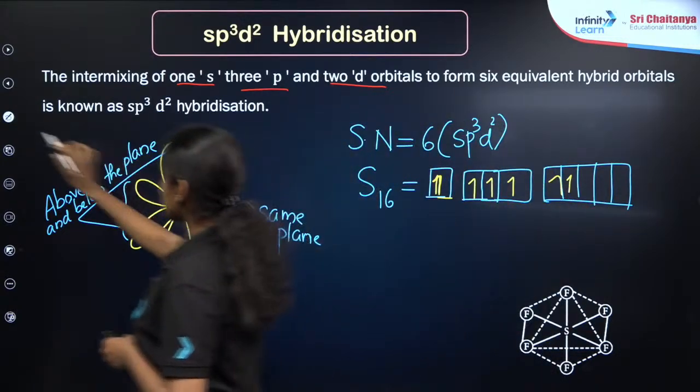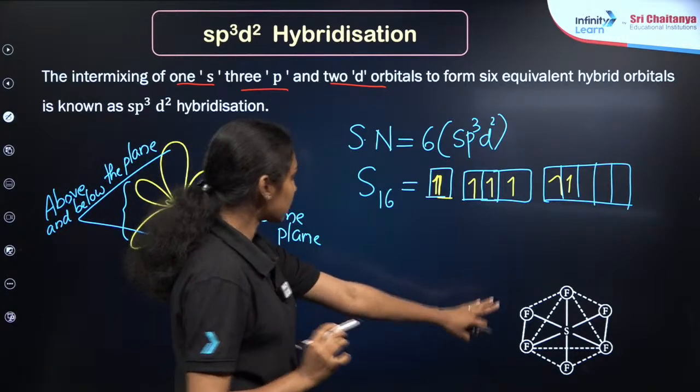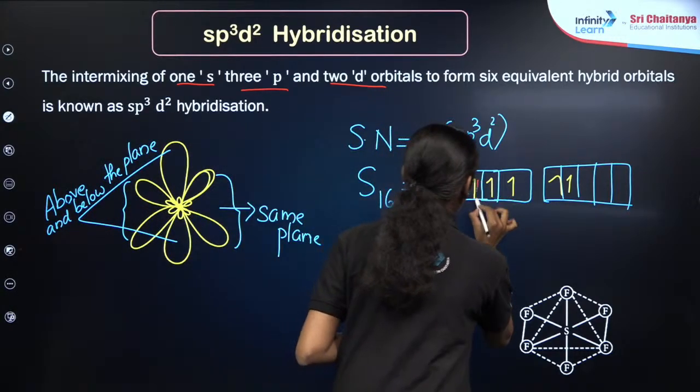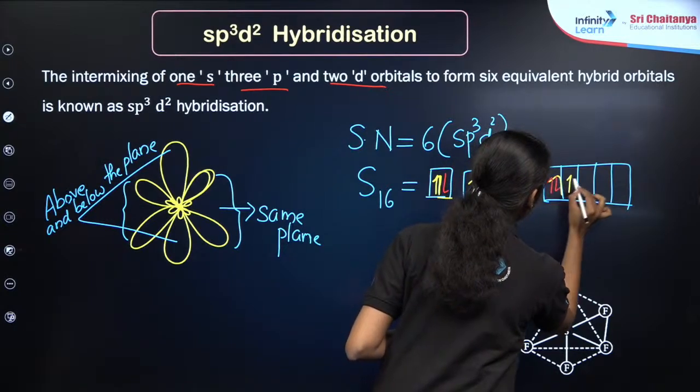I am writing the excited state electronic configuration here. You will get that 6 fluorine atoms will form overlapping here. This red represents the electrons coming from the fluorine.